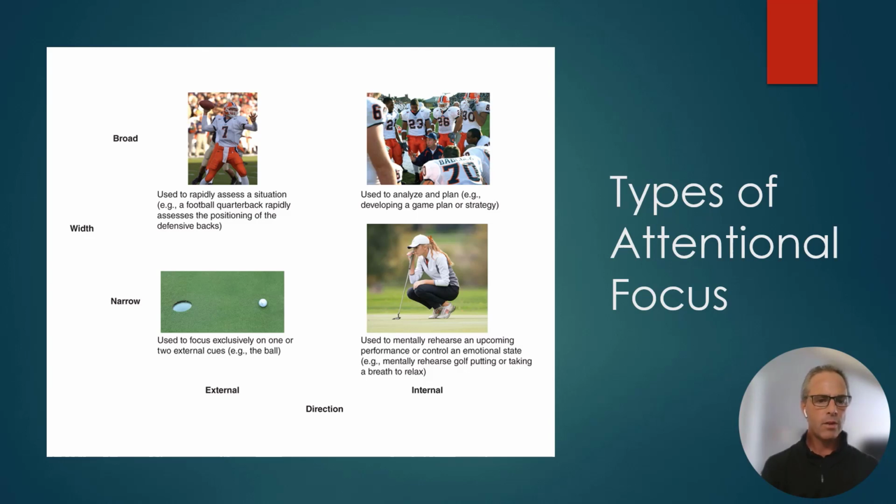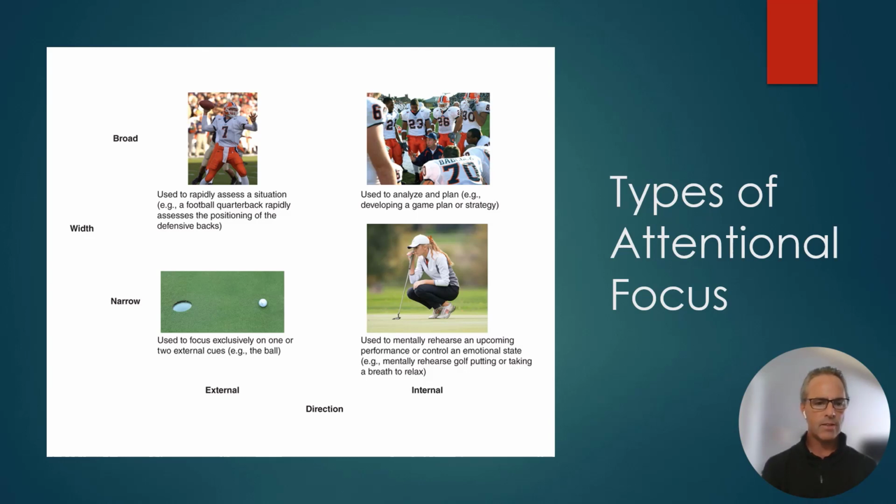Within the width, there's broad and narrow, similar to attentional field. And then in our direction, it's either internal to us or external, right? So again, the broad and narrow width will be determined by where we should be in our attentional focus process.